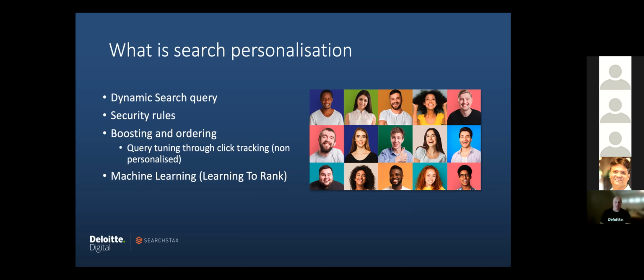Then, as I mentioned before, boosting and ordering. So this is probably the most common way to do it. So basically query tuning through things like different boostings added at the query time, or even things like click tracking. So this is, I guess, not really what you call personalization, but it's really a type of optimization of your search.